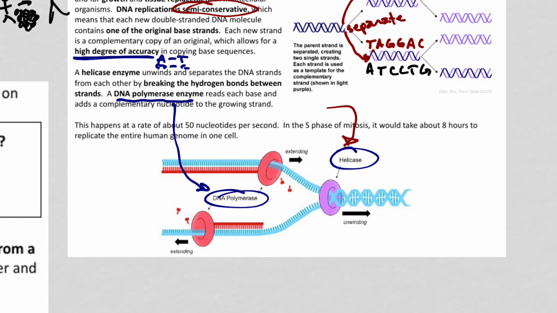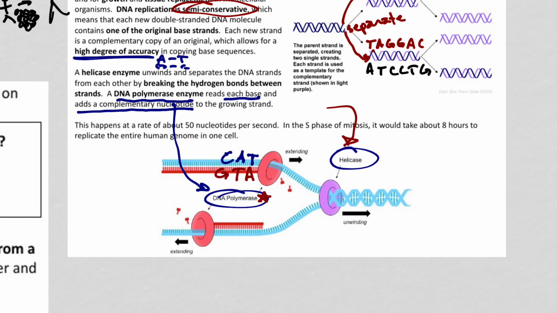DNA polymerase reads each base and adds a complementary nucleotide to the growing strand. So if this blue strand read T, A, C, our complementary strand is going to have an A, a T, and a G put there by this DNA polymerase enzyme. This happens pretty fast, about 50 nucleotides per second. It's able to do that.